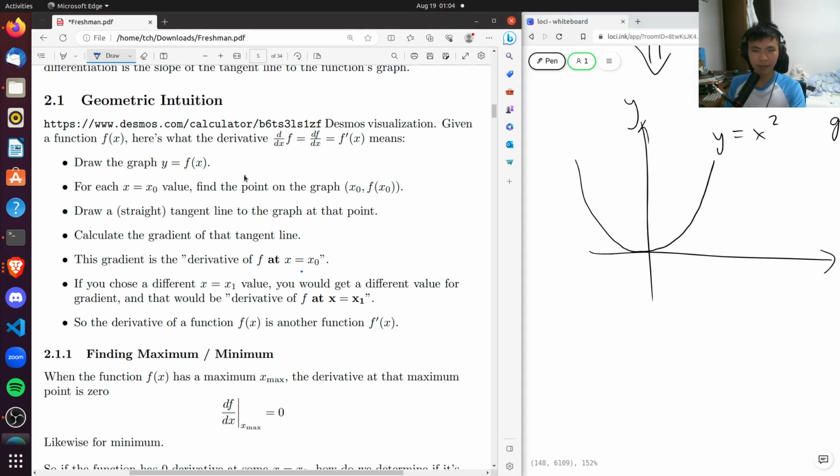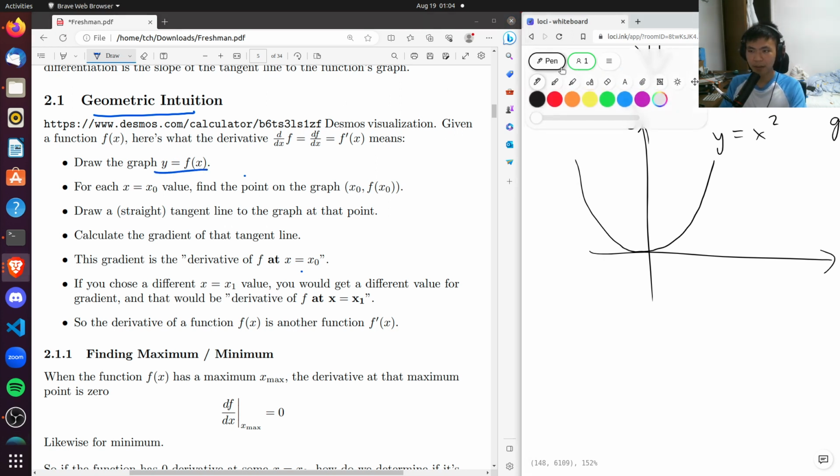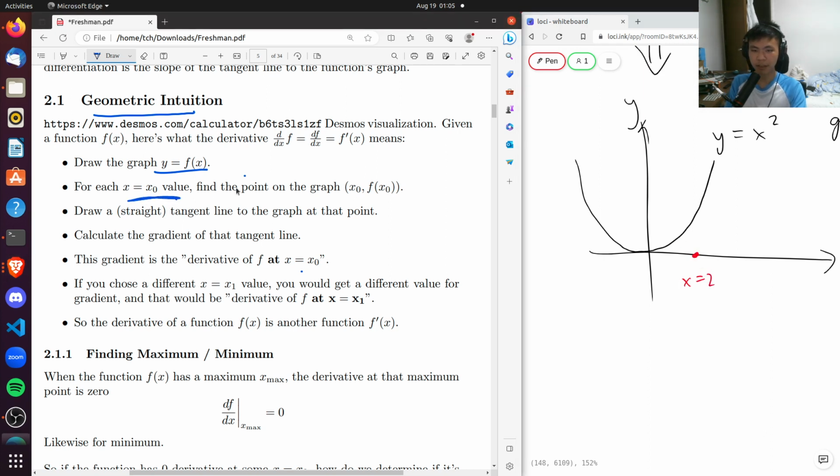So here's the procedure for calculating the gradient of a nonlinear graph. First we draw the graph, right? Then for each x value, so for example for this x equals 2, I want to go vertically up and find the point on the graph.